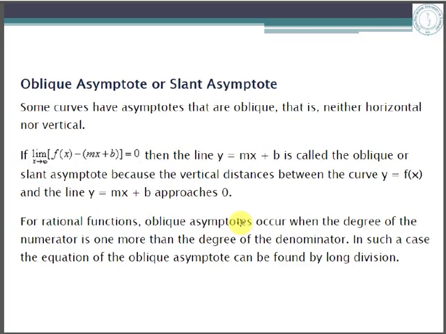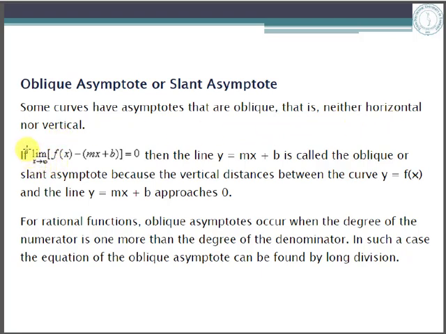And the next type of asymptote is the oblique or slant asymptote. Some curves have asymptotes that are oblique, that is, neither horizontal nor vertical.